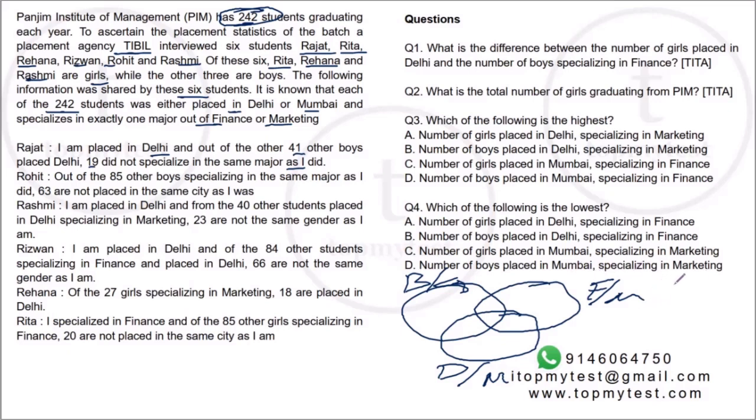If it is not marketing, then it is called finance. And the data has marketing somewhere and finance somewhere. Similarly, you have Delhi somewhere and Mumbai somewhere, so you might get confused. What is the other part of Delhi, which is not in Delhi? That will be Mumbai, right? So it might be useful to make a table out of it, just to track which is which.